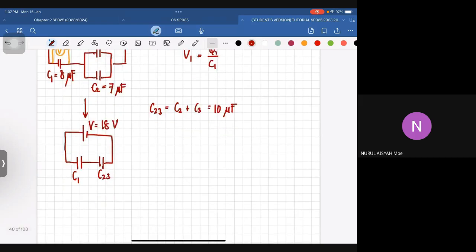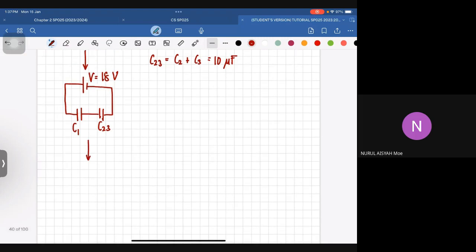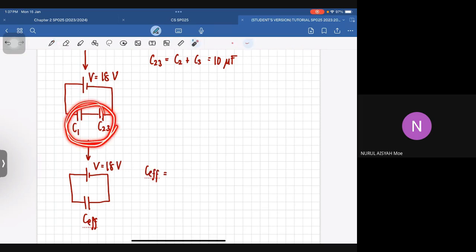Alright. So from here, we have to calculate the effective capacitance lah. Kenapa kita mau calculate effective capacitance? Because usually effective capacitance will help you to solve the questions. So always cari effective capacitance bila kamu jumpa this type of questions. So from here, effective capacitance, this is in series.